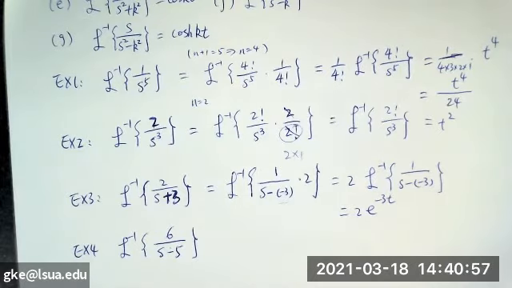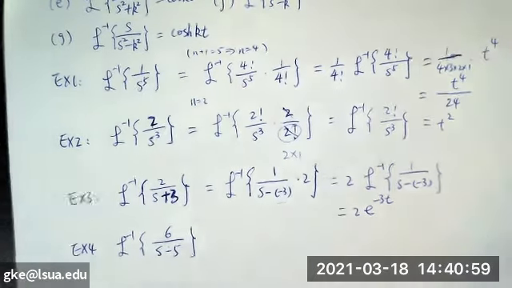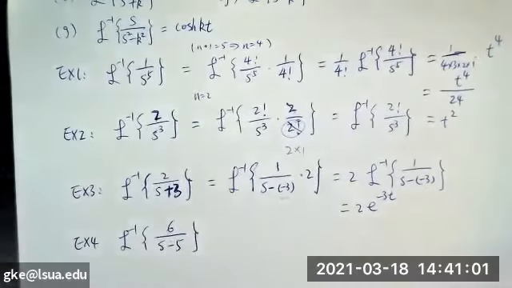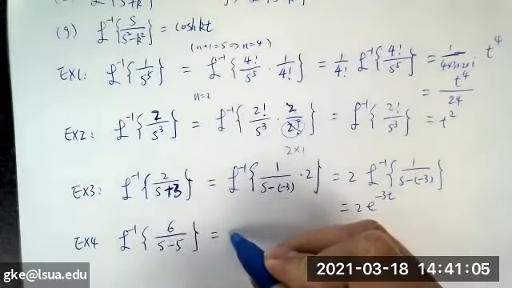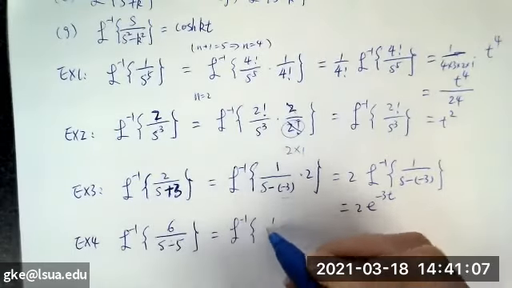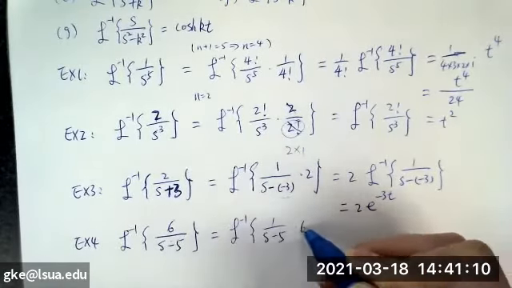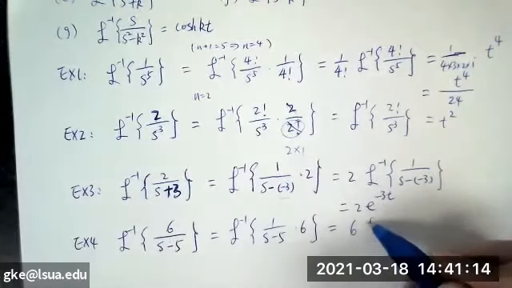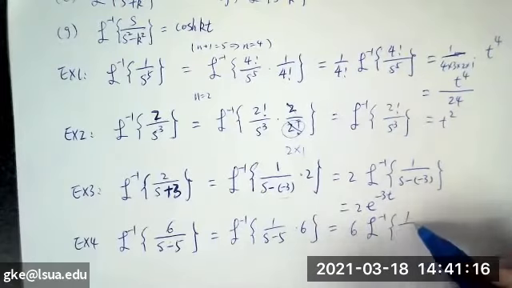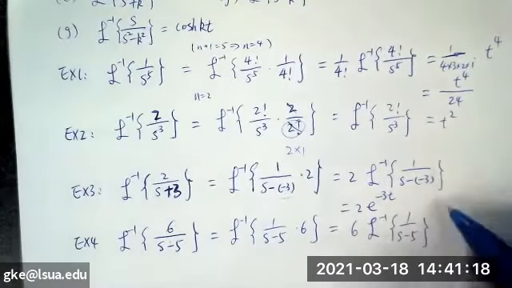Okay, let me write down the answer on board. So for this guy, we can see the a is what? A is 5, right? So we'll put the constant out of this guy.